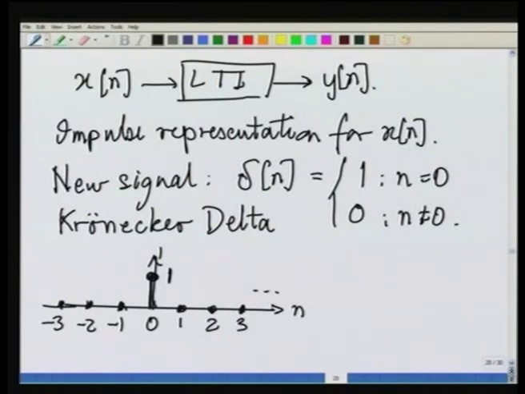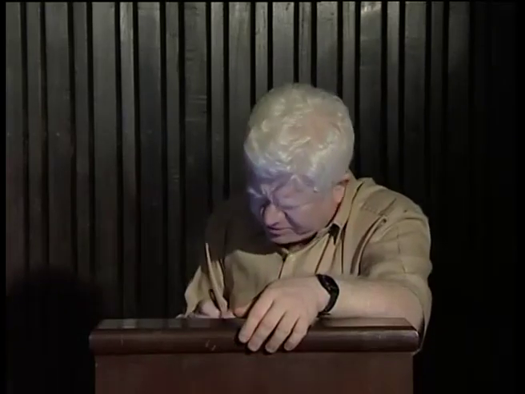Right now, we have this Kronecker delta with us, and let us say we have an arbitrary signal x n. Let me take a simple example first of an x n which has only finite support. Let us say that x n is this.